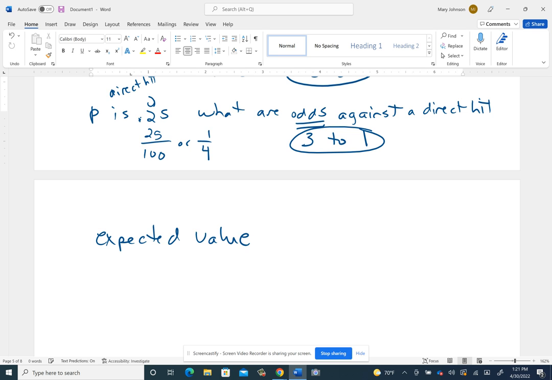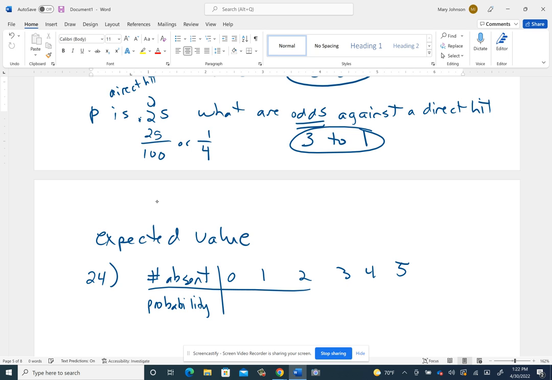There was one on the test, number 24, where you had a chart. You had the number of absences on a particular day, and then you had this chart of what the probability would be. So no absences, 1 absence, 2, 3, 4, or 5. And then it gave you these values.